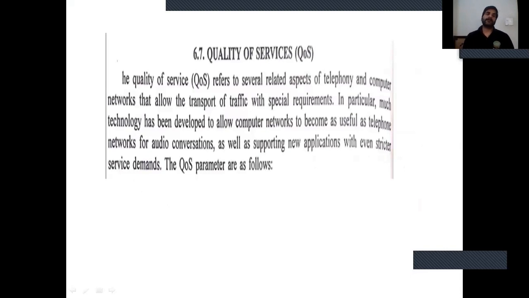Some quality of service. Sometimes a question is asked in university: what is the quality of service of the transport layer? Quality of service refers to several related aspects of telephony and computer networks that allow the transport of traffic with special requirements. In particular, much technology has been developed to allow computer networks to become as useful as telephone networks for audio conversations, as well as supporting new applications with even stricter service demands. The quality of service parameters are as follows.